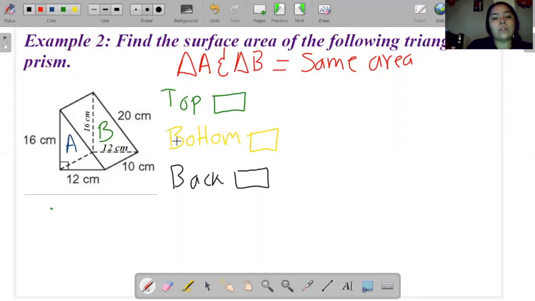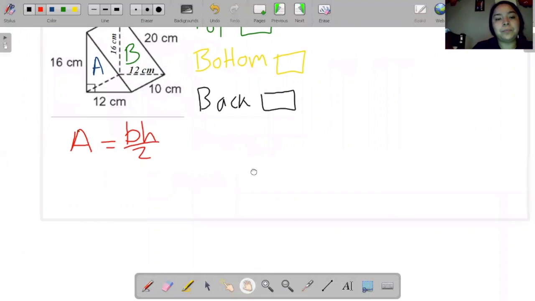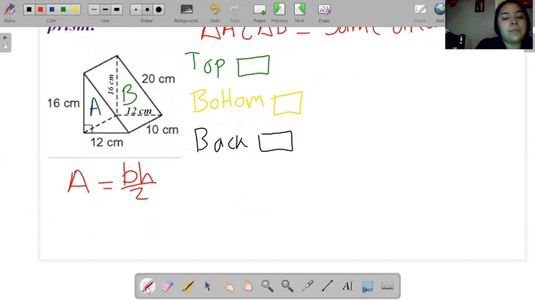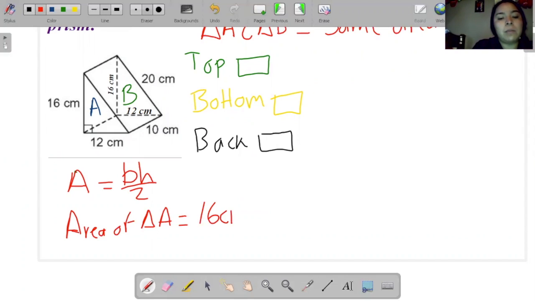So let's start. So let's find the area of triangle A. And we know that to find the area of a triangle, the formula is base times height over 2, right? So the area of triangle A is equal to 16 centimeters times 12 centimeters divided by 2, right?